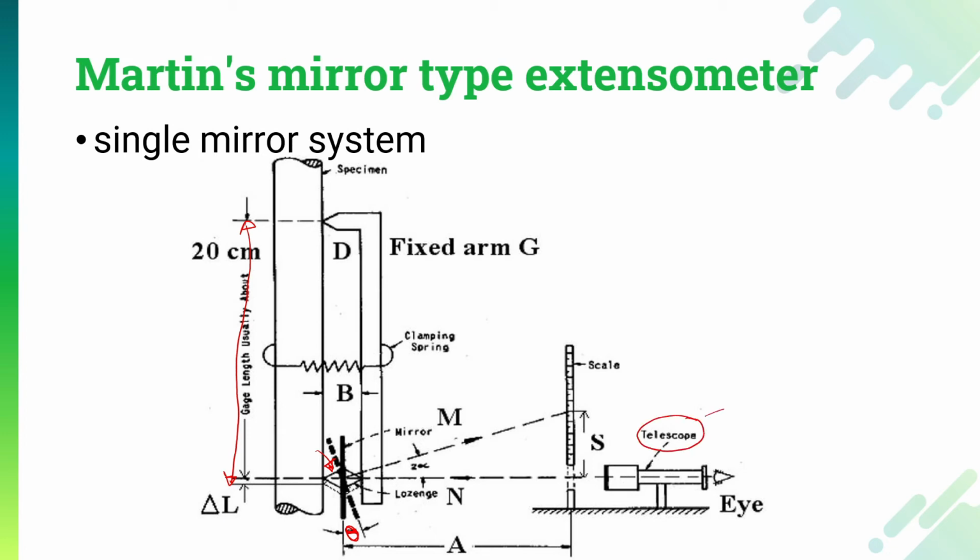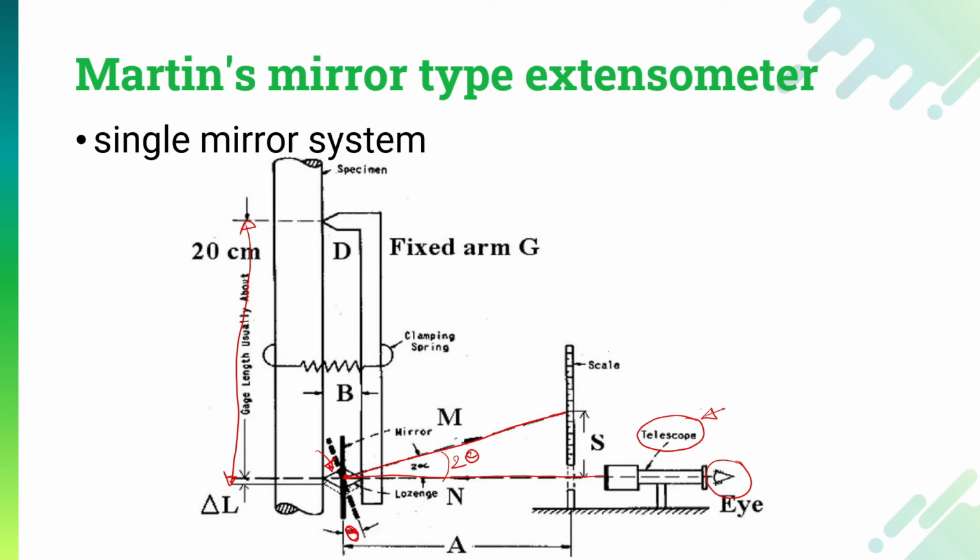This particular telescope is fixed, and whenever we look through this telescope, we will be able to see this particular mirror, and on this mirror we will be able to see the reflection of the scale, and this particular inclination will be 2 theta. This is what we need to remember.